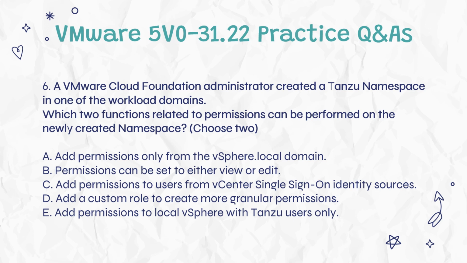B. Permissions can be set to either view or edit. C. Add permissions to users from vCenter single sign-on identity sources. D. Add a custom role to create more granular permissions. E. Add permissions to local vSphere with Tanzu users only.